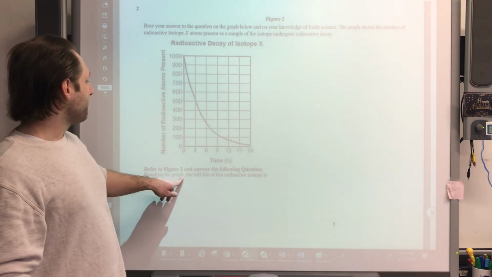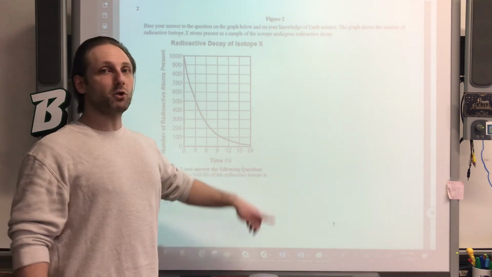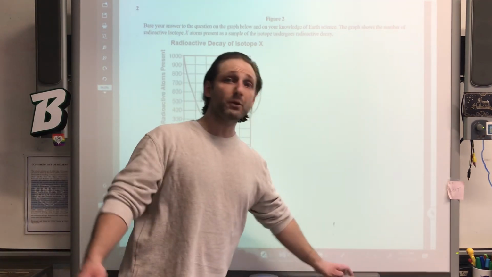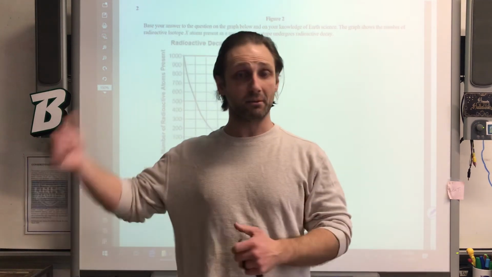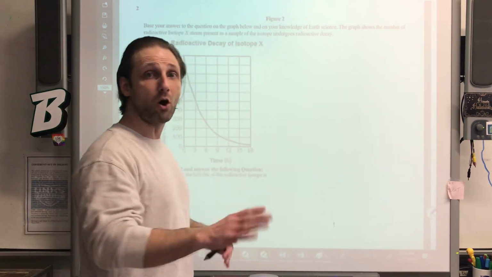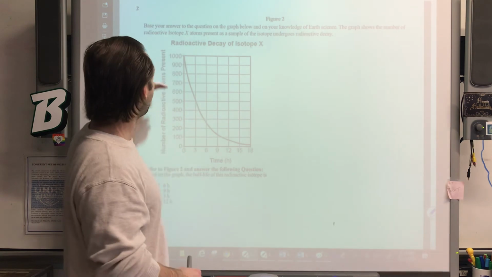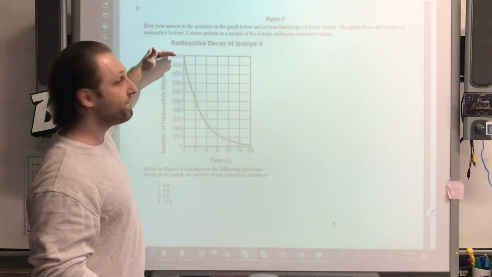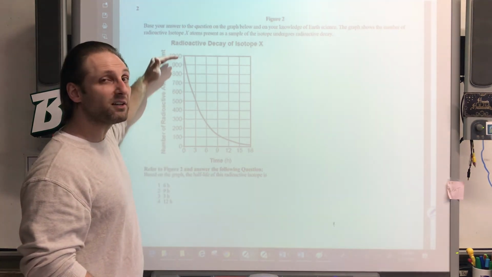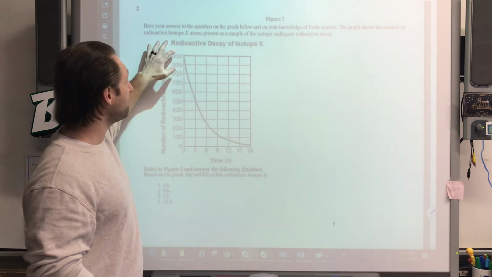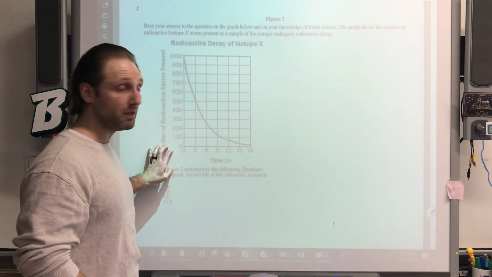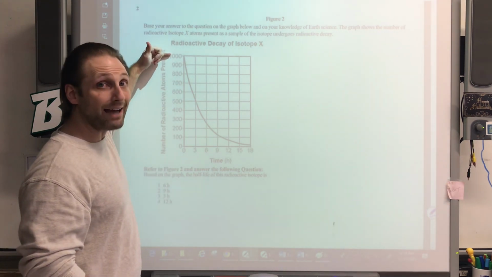Based on this graph, the half-life of this radioactive isotope is, well, if we go back to those practice graphs that we had on the previous pages in our notes, we'll realize that all we need to do is find where we have 50% radioactive material left. So even though this isn't percentages, we do have 1,000 atoms.